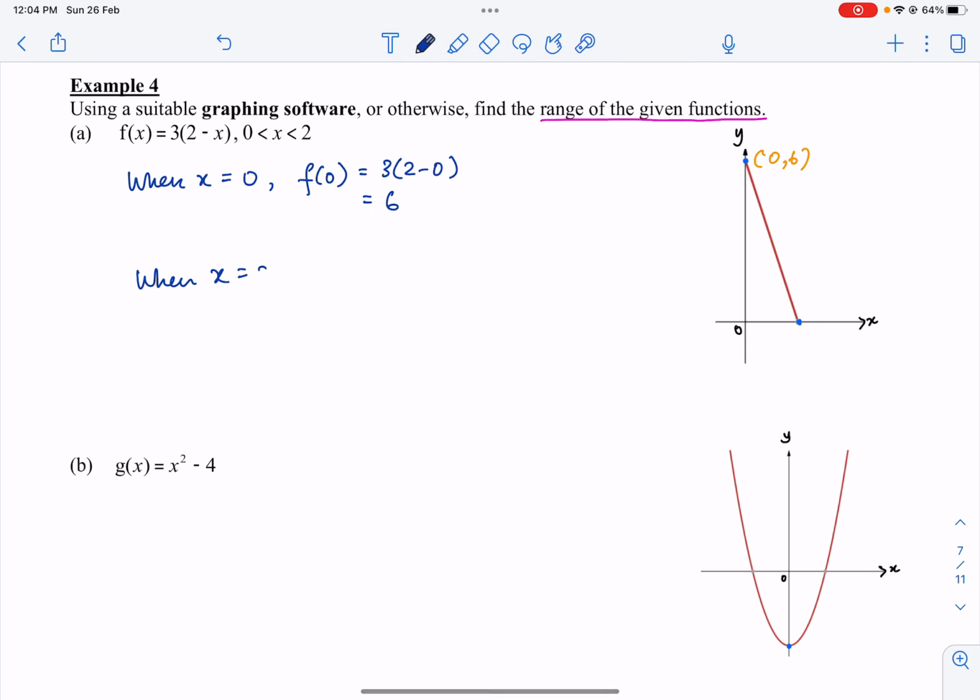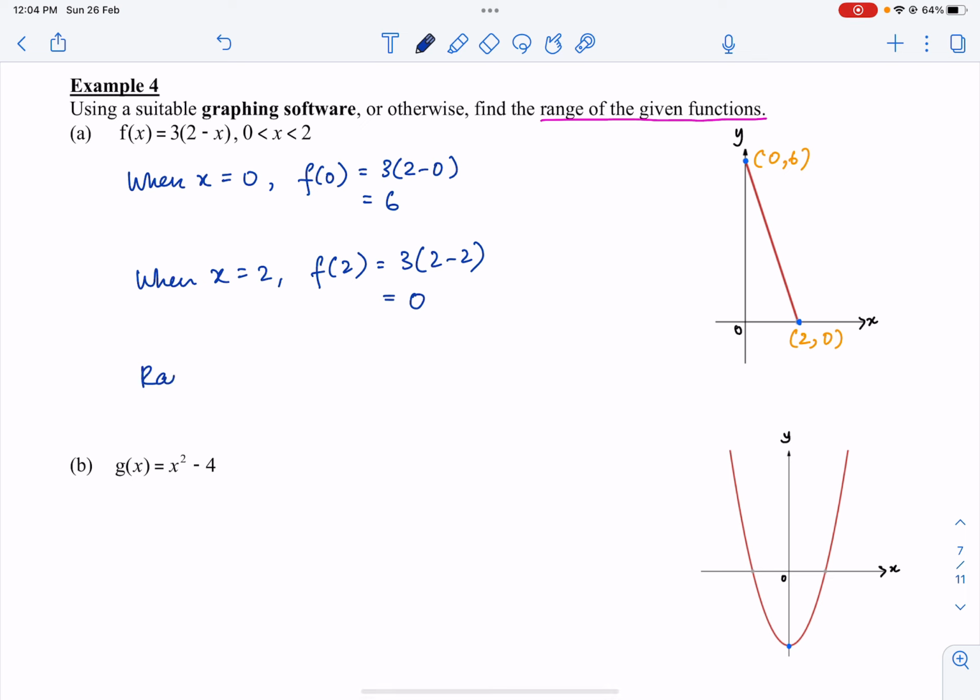When x equals 2, f of 2 will be equal to 0, meaning that the value of y is 0. So now we have the coordinates of the two endpoints.